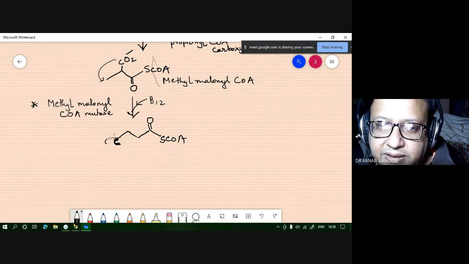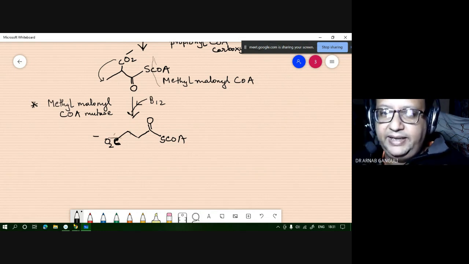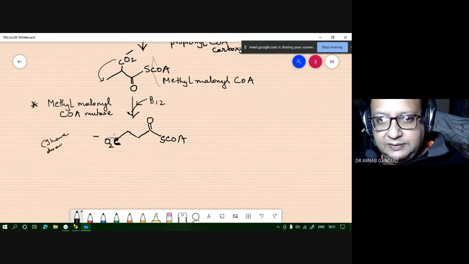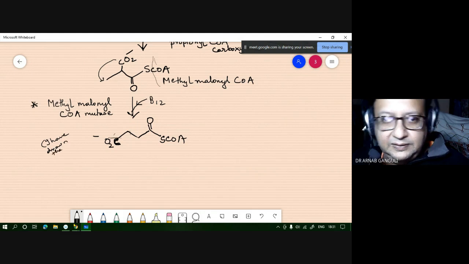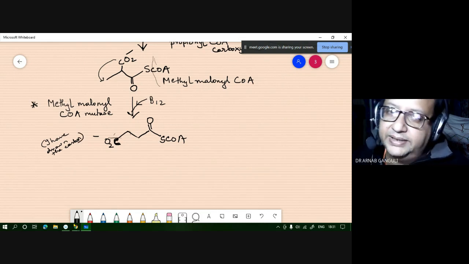CO2 minus, which was attached over here, comes to the end. So you can find that here you can count 1, 2, 3, 4.